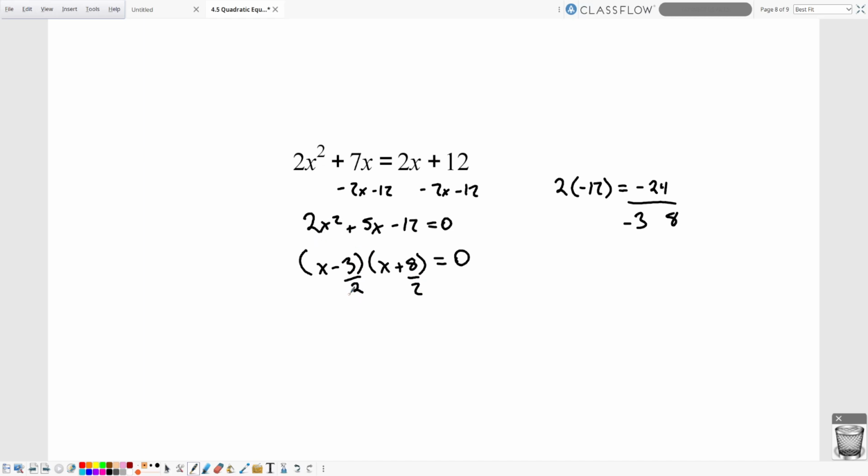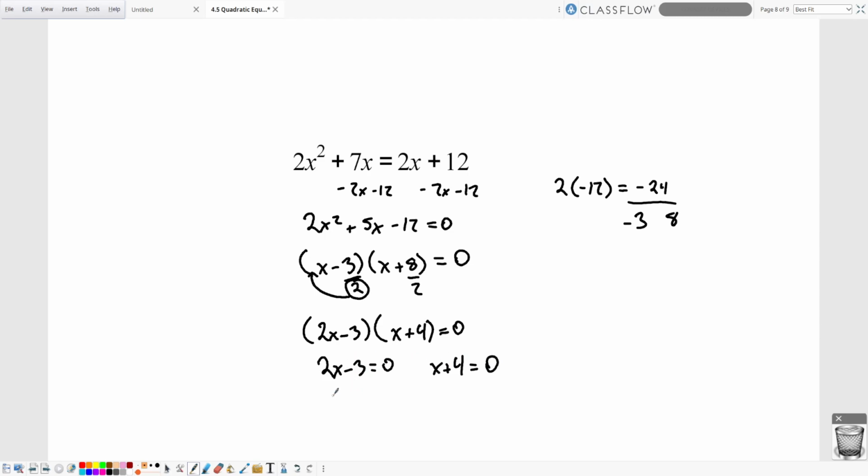Simplify if you can. First one does not simplify, so this 2 goes out in front of the x, so you get 2x minus 3. This does simplify, and you get x plus 4. Now we're going to take both sets of parentheses, 2x minus 3, set that equal to 0, x plus 4, set that equal to 0, and solve.